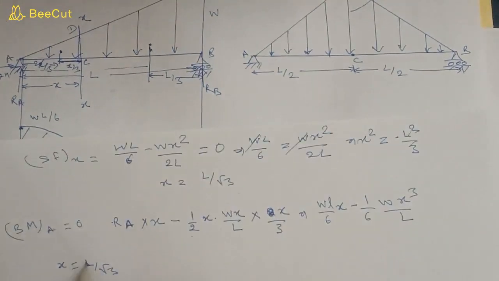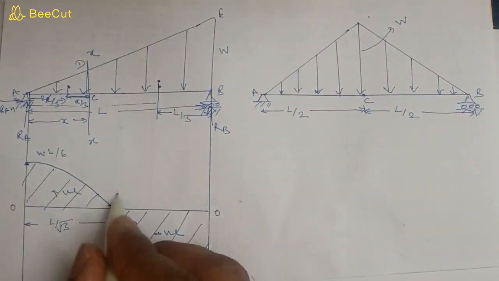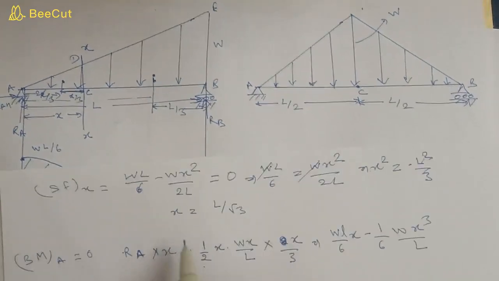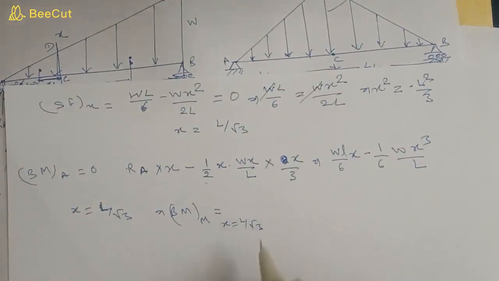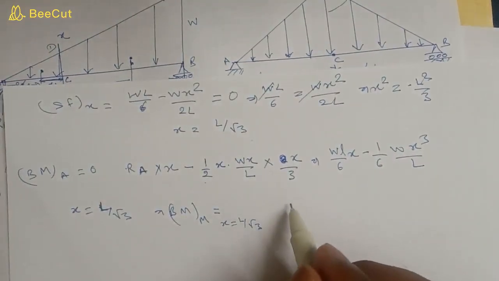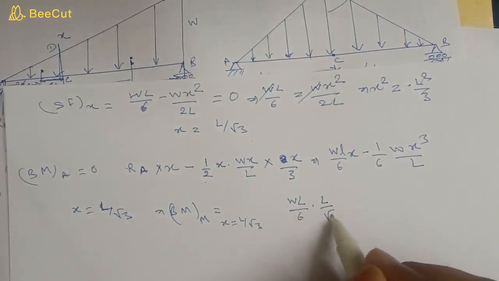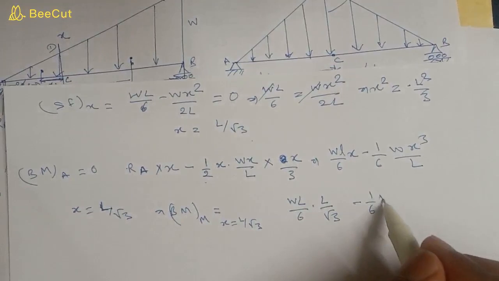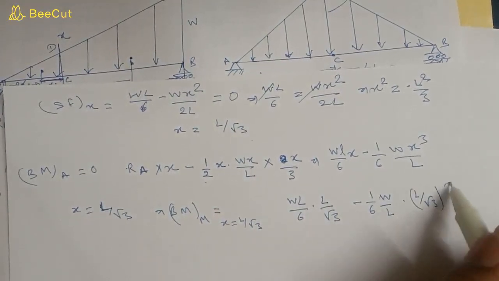So at x equal to L by root 3, suppose this is point M. So bending moment at M, with x equal to L by root 3, we will get W into L by 6 into L by root 3 minus 1 by 6 into W by L into L by root 3 to the whole cube.